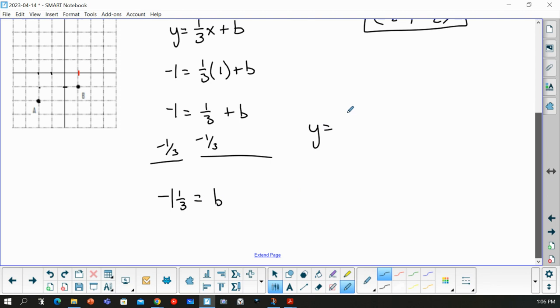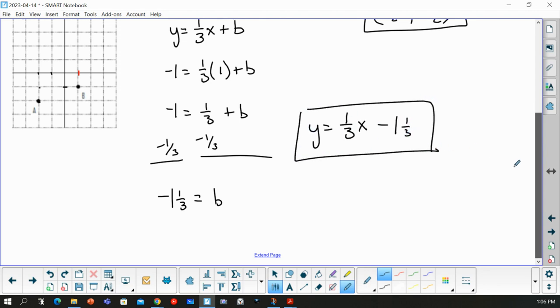Y equals mx plus b, minus a -1 1/3. So there is the equation of the line, and that's problem number 1 in our new packet.